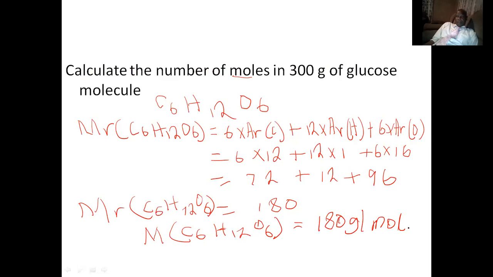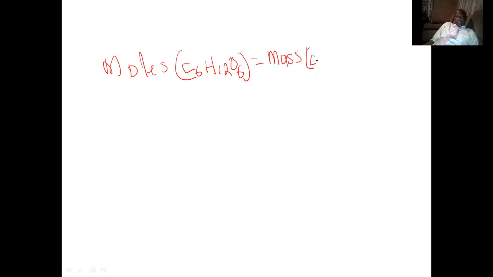Once we have found the molar mass, we can now use our formula where we said if you are calculating the number of moles for glucose, it is equal to the mass of glucose divided by the molar mass of glucose.